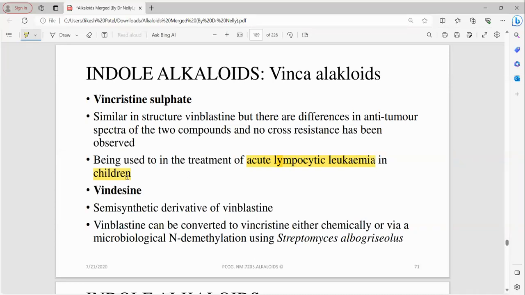We're saying vinblastine can be converted to vincristine either using chemicals or by demethylation by Streptomyces. Is Streptomyces a bacteria or a fungus? I'm not sure. Maybe someone can confirm.